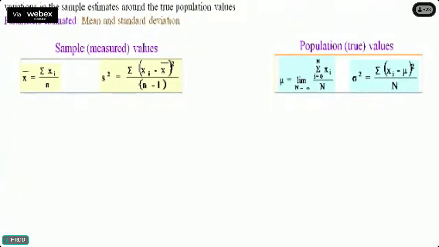So you can see in the population, we use the uppercase N as the total number of individual points in the entire population. That we had discussed in the very first class, second class, regarding the definition of standard deviation for small number of data and larger number of data, and why there is a difference in the denominator.